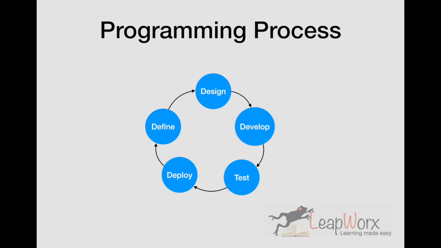And so you go through the cycle again. You define, design, develop, test, and deploy. In today's world, we call this iterative development. That means you go through iterations of producing software that is useful to the user. And sometimes the user will tell you, do more for me.